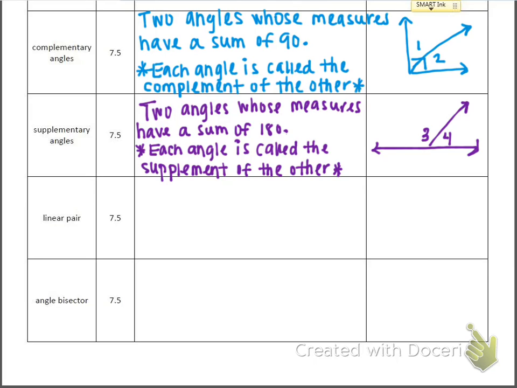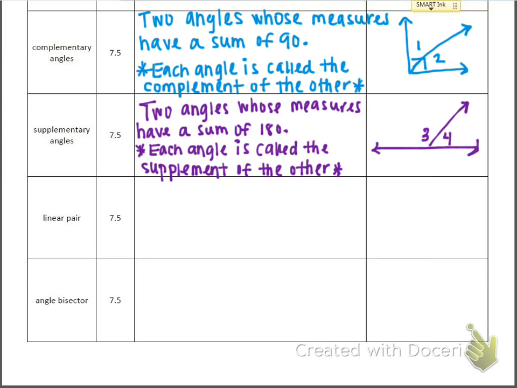Okay, so then those are kind of the big ones. We also have what's called a linear pair. And a linear pair is pretty much exactly what I was just talking about, where they add up to 180, but they are adjacent. So supplementary angles do not always have to be adjacent. Most of the times they are. And then they are also called linear pairs. Okay, so it's a more specific type of supplementary angle.